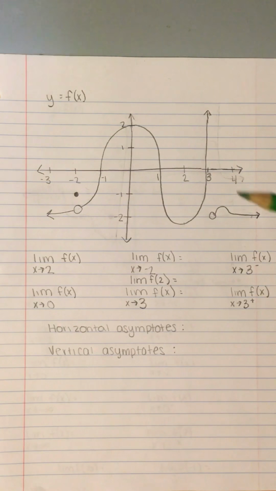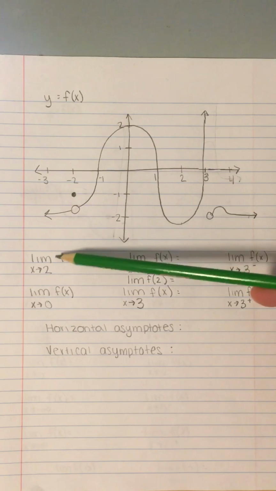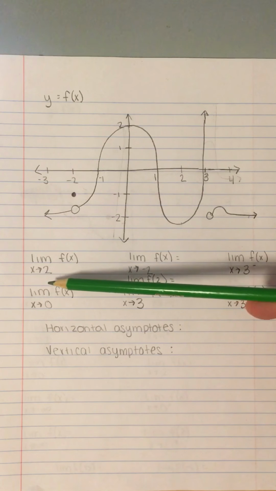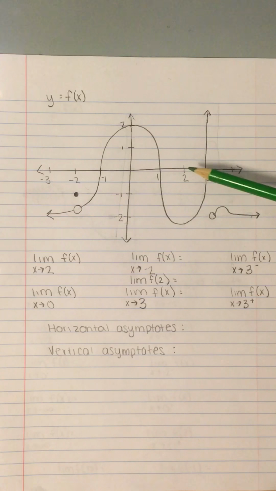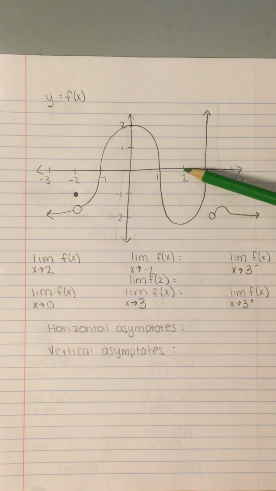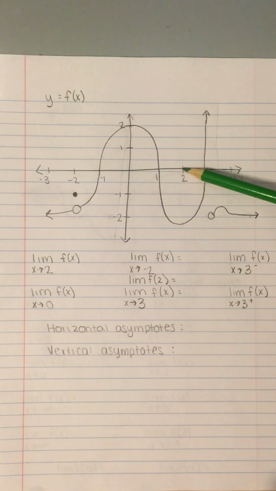we're going to start by looking at how to find the limit as x approaches 2 of this function. So we're going to find x is 2. So here's x is 2.